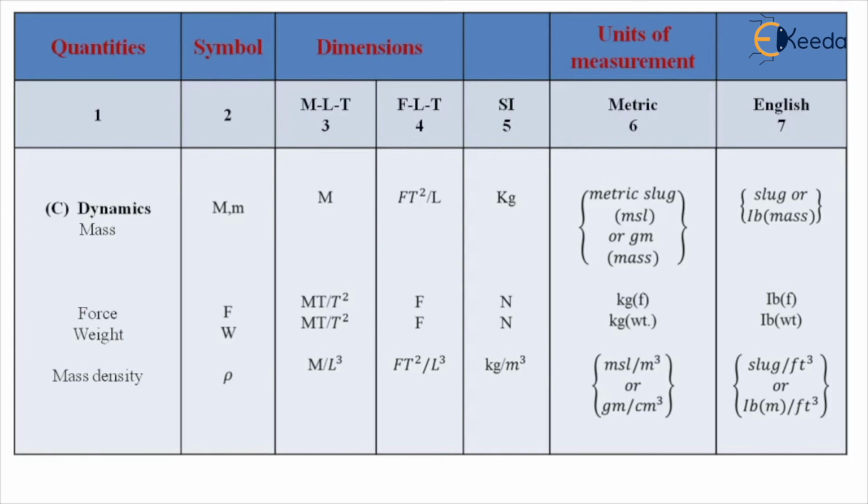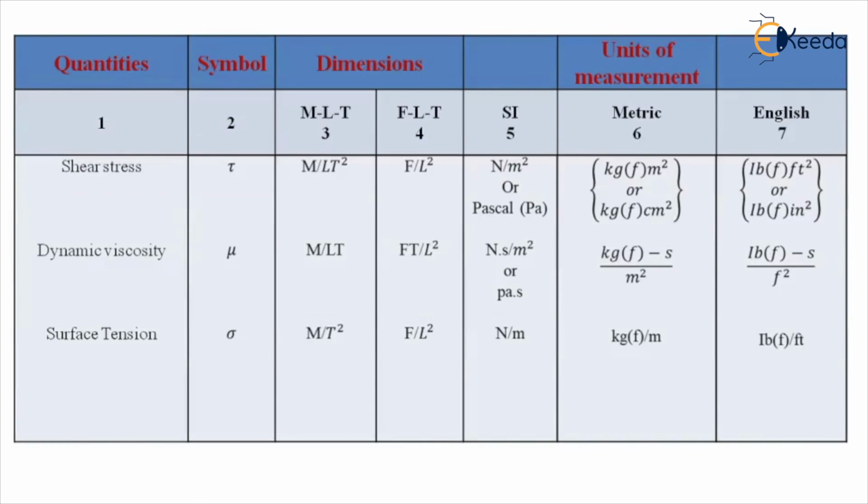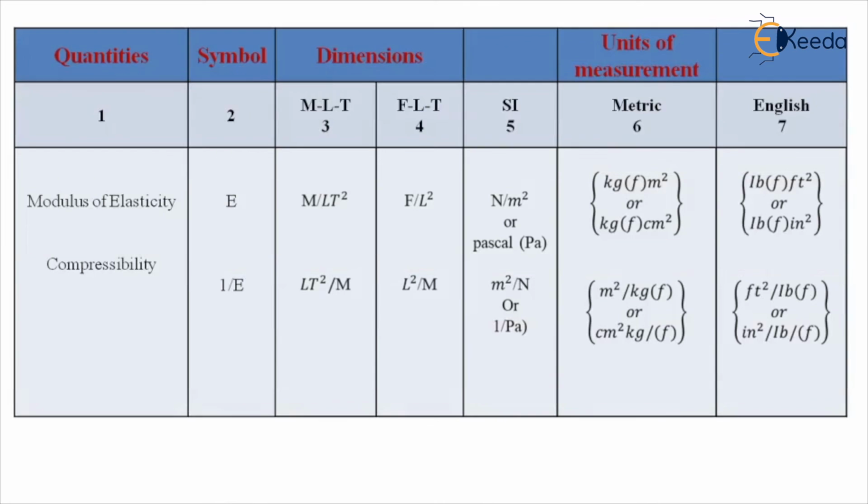These are some dynamics quantities: mass, force, weight, density, specific weight, specific gravity, pressure, intensity, etc. Their symbols, dimensions, units, and measurements are given. Here, shear stress, dynamic viscosity, surface tension. We should know their dimensions and units of measurement.